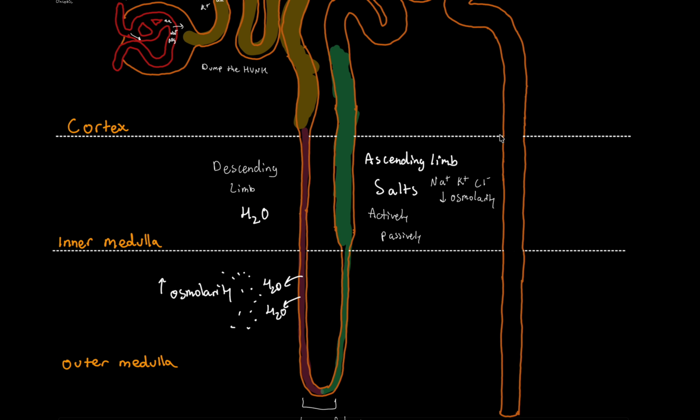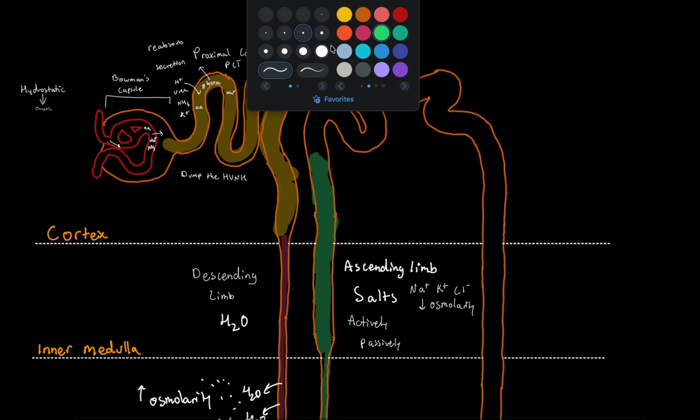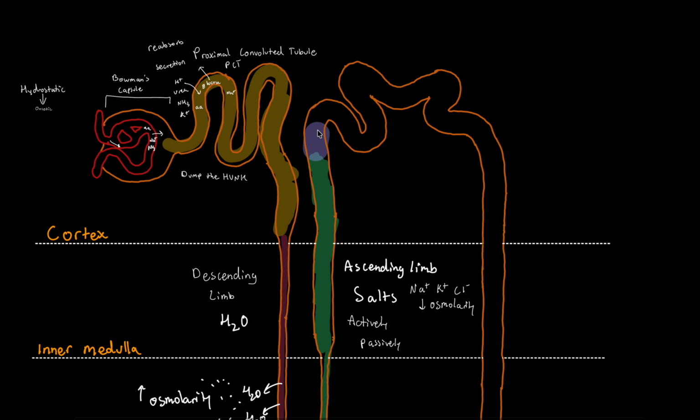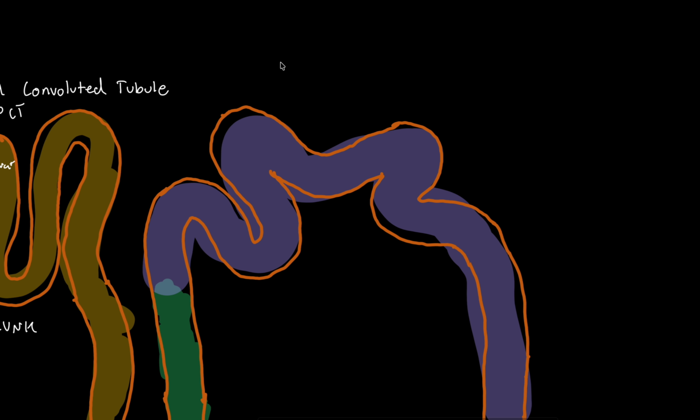Next, let's move on to our other structure, which we're going to be calling the distal convoluted tubule. So distal convoluted tubule is that guy right there. So I'll label this distal convoluted tubule, or for short, DCT.